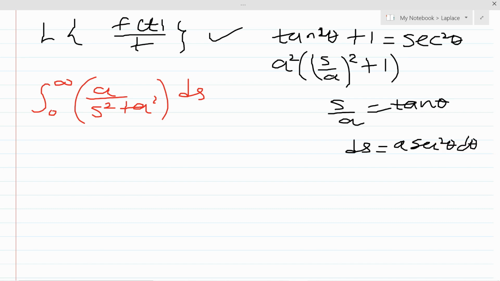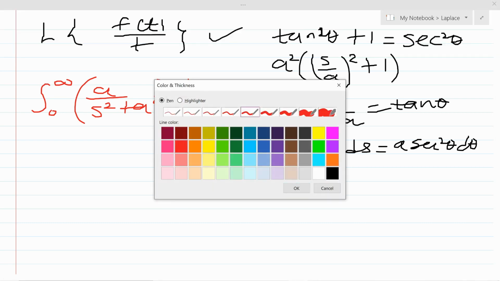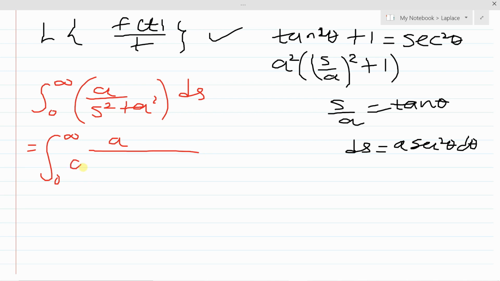Now in this integral we just replace things as they are. Everything will become the integral from 0 to infinity, then a over, firstly it changed to a squared times s over a all squared plus 1, ds.